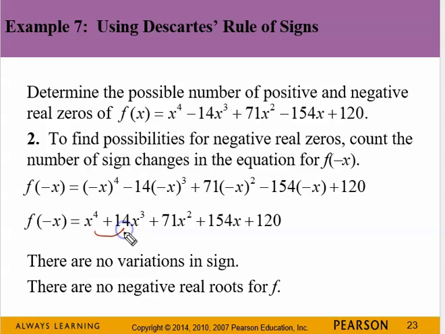Well, there's none there, none there, none there, none there. So there are no variations in signs when we do the negative real zeros. So there are then no negative real roots for our function.